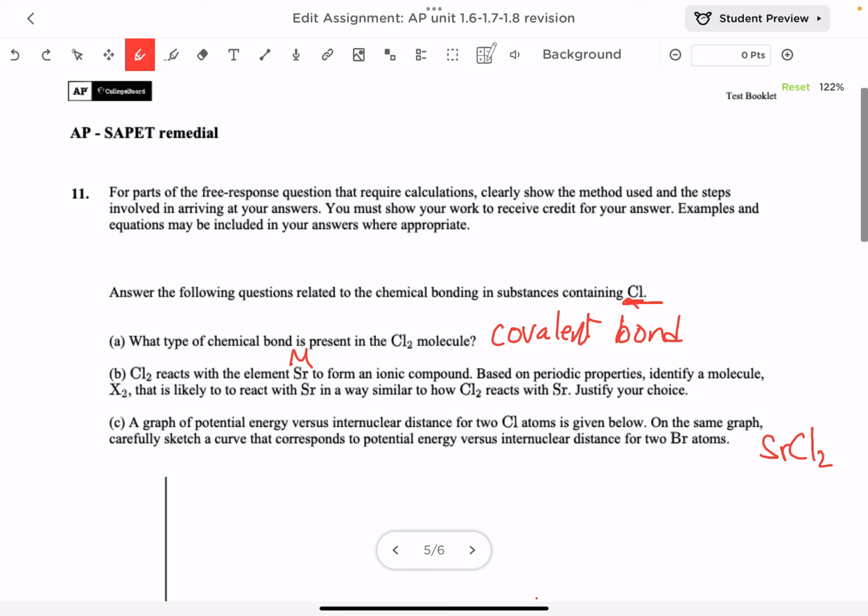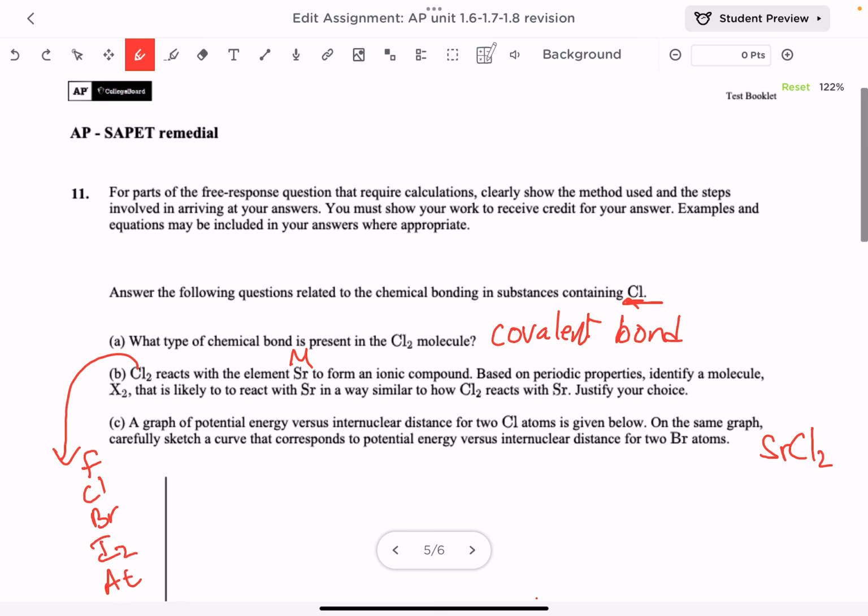So I need to choose any diatomic molecule belonging to group 17, just like Cl, to have the same chemical behavior. So that could be any element of the group of Cl: fluorine, bromine, iodine, or astatine.